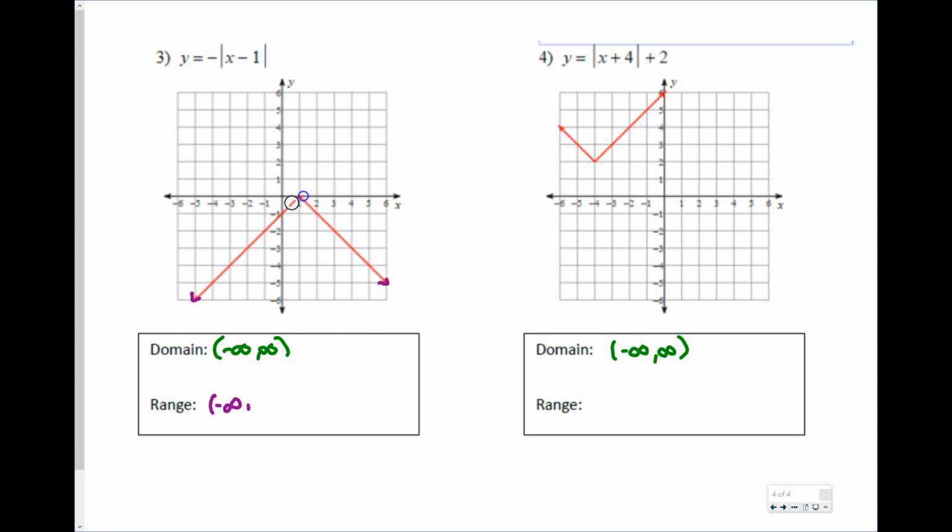I know it looks like 1. I know you see the number 1 and you think that's a 1, but that's a 1 on the x. We want on the y. This point is the point 1, 0, and that's your y value is 0. So it goes -infinity to 0. Remember, range, you can only have y values in that range. You can't have an x value in the range. Doesn't make sense. And finally, for this last one, my lowest point right here is 2. And that goes up to infinity.